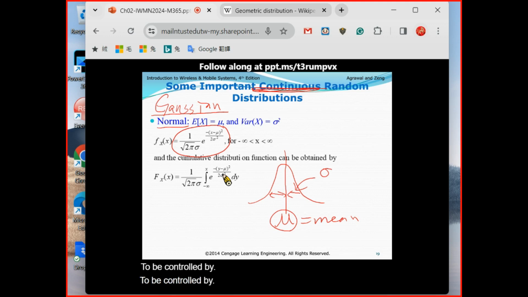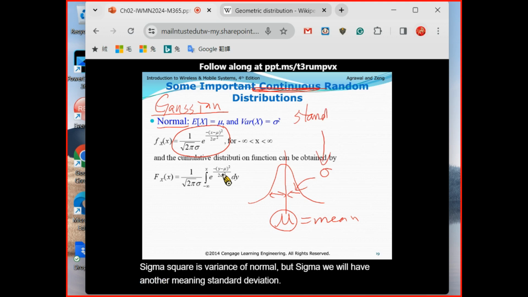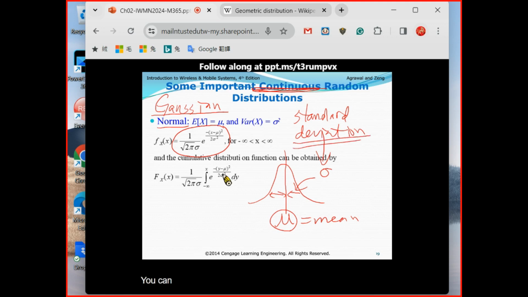Sigma square is the variance of the normal, but sigma has another meaning, standard deviation. You can look up deviation. Deviation means the difference from the central value.